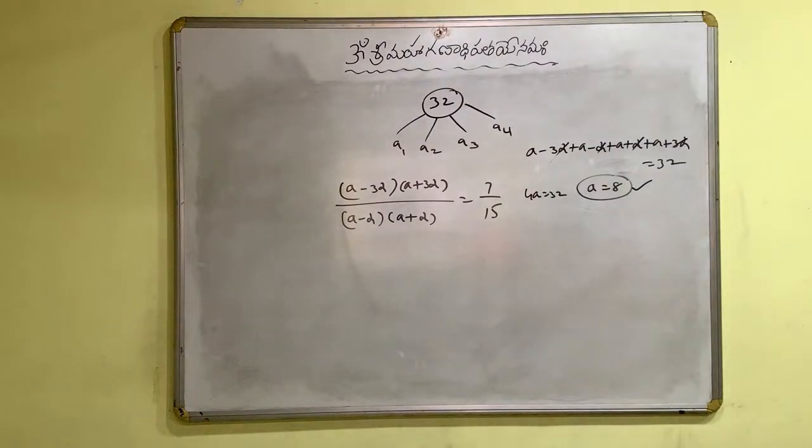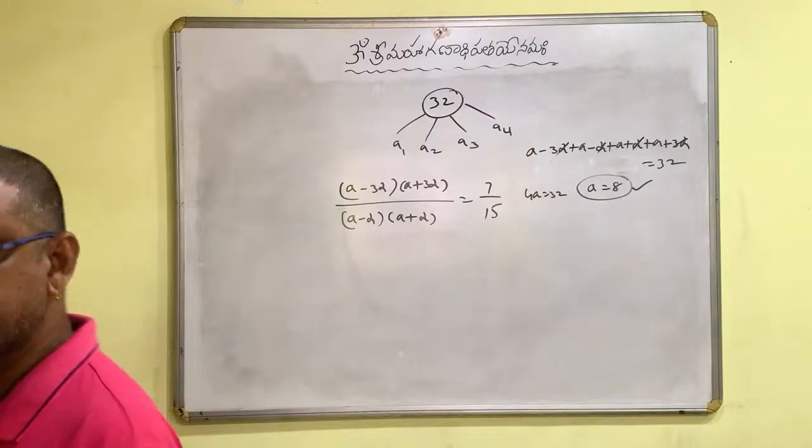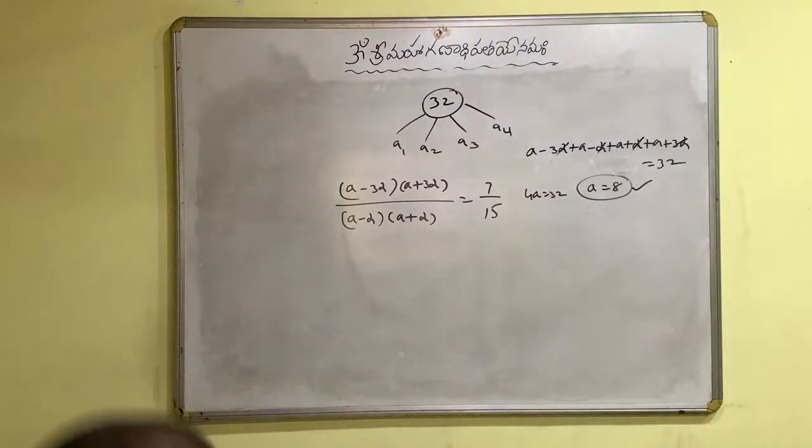What identity can we apply over here? Observe the numerator and denominator. What identity can we apply?